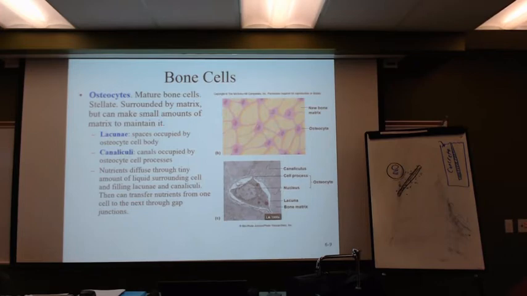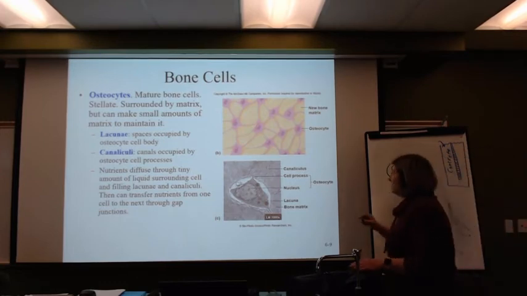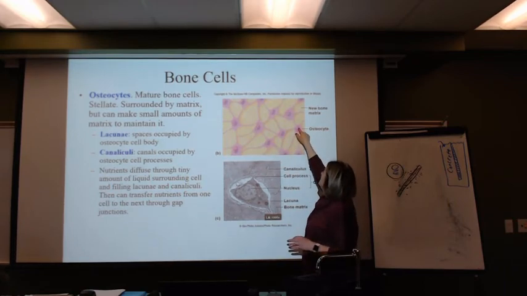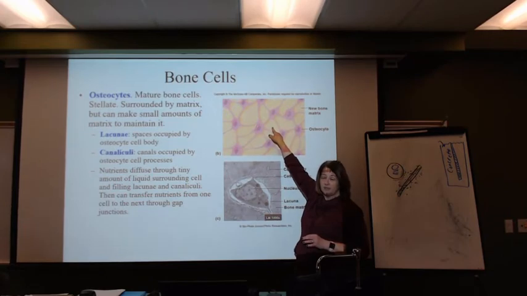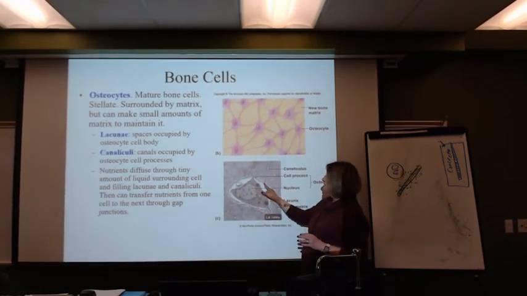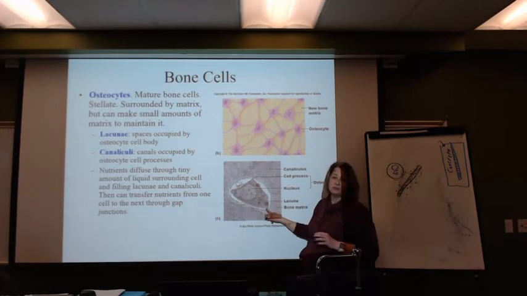And the structure is going to allow for that. So having this structure that we see, we get the mature cell, the osteocyte, and the matrix is laid down around it. It's going to be in its lacuna, and they're trying to show everything here.